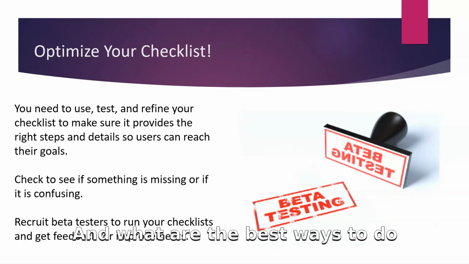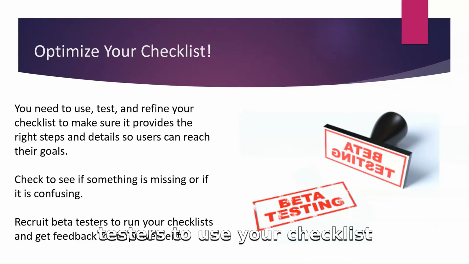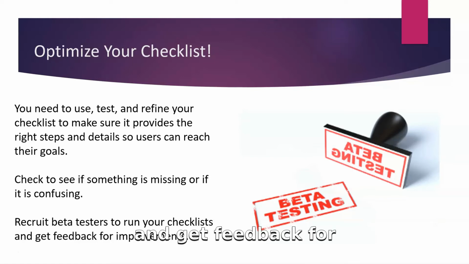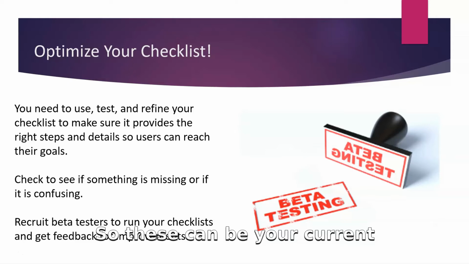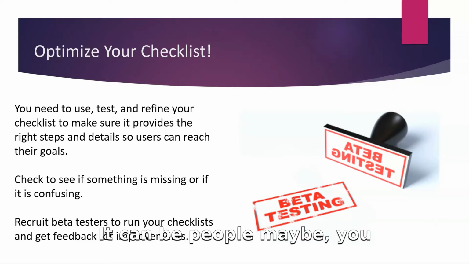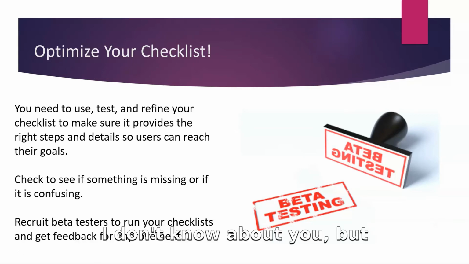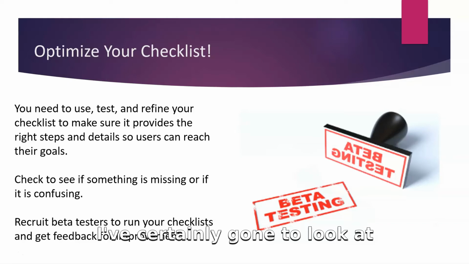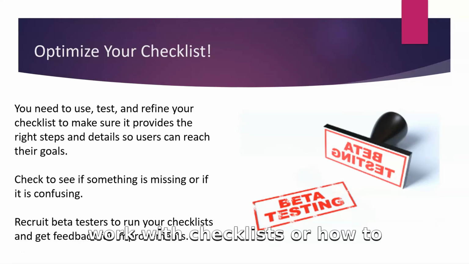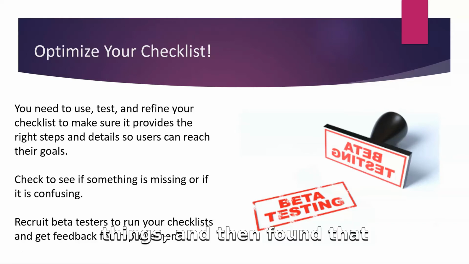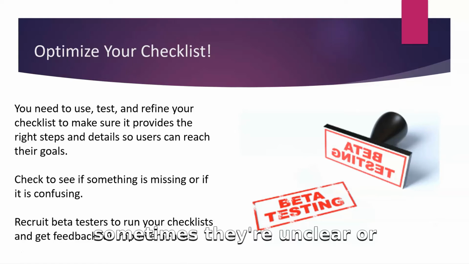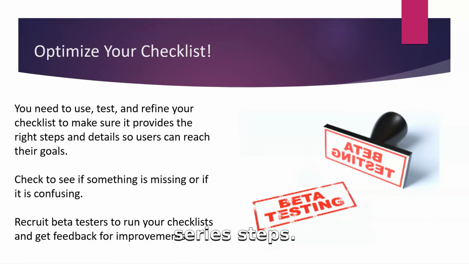One of the best ways to do this, I think, is to just get beta testers to use your checklist and get feedback for improvements. These can be your current customers or your audience. It can be people maybe you know or who are on your team. I don't know about you, but I've certainly gone to look at work with checklists or how-to things and then found that sometimes they're unclear or they don't include all the necessary steps.